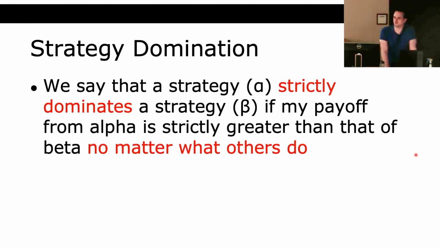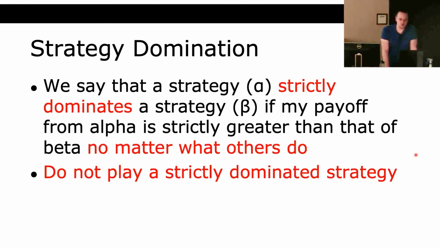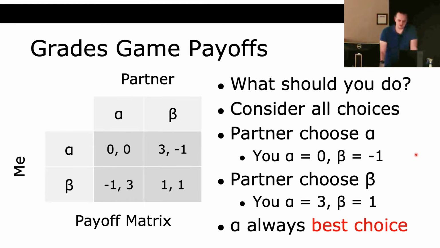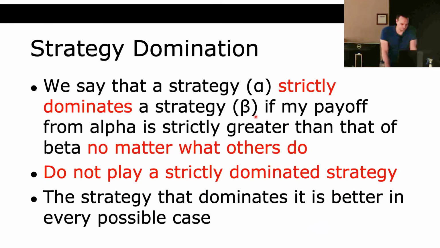And so the first rule of game theory is that if you can identify a dominated strategy, never play the dominated strategy. Okay? So back here, we identified that beta was a dominated strategy. We are never going to play a dominated strategy, so the only other choice is alpha, so we should play alpha if we are a rational agent.